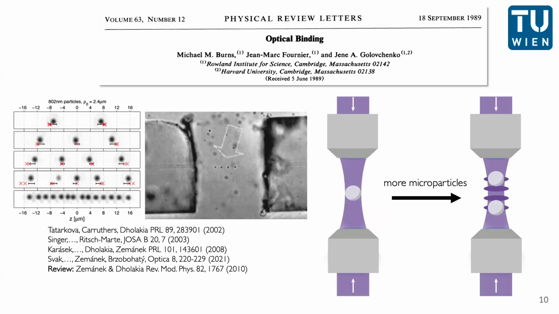Again, this is all liquid, and then you have two fiber tips, and the laser beams come out of them, counter-propagating trap, and then there are 4 traps here trapped in a crystal. And then this is a picture from our collaborators of Pavel Zemanek in Brno, where there are more than 10 particles, and you can configure, geometrically, whatever you want of laser beams, and then you will create some geometric patterns.